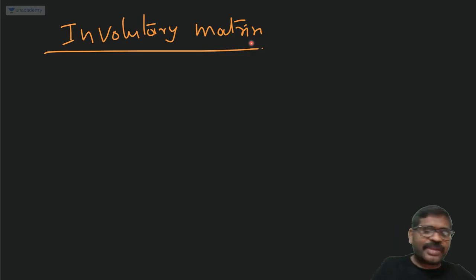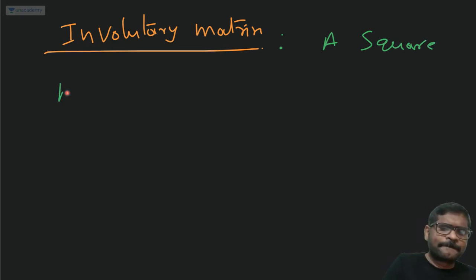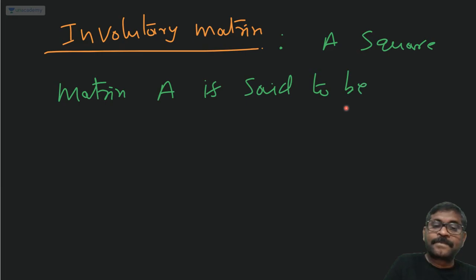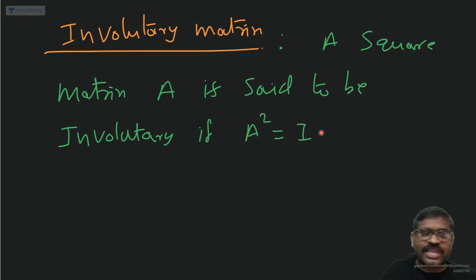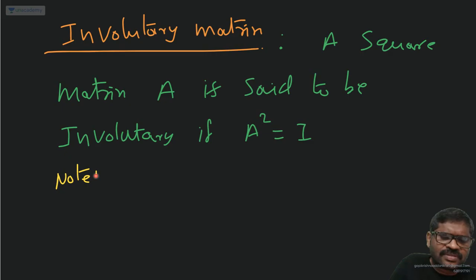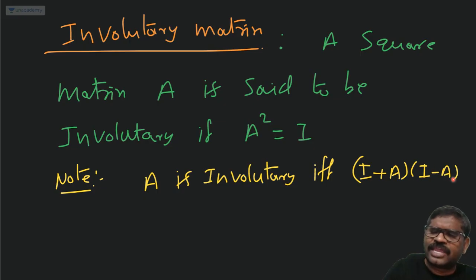Now, involutory matrix. A square matrix A is said to be involutory if A square equal to I. Note, A is involutory if and only if I minus A into I plus A, I plus A into I minus A equal to 0.